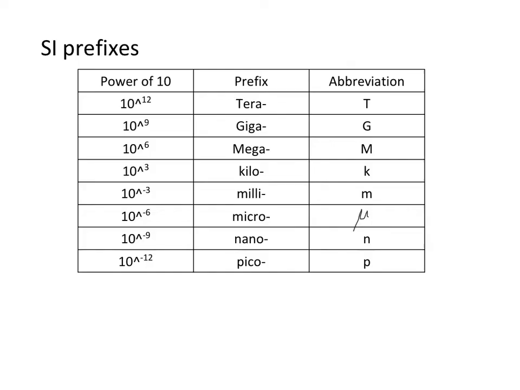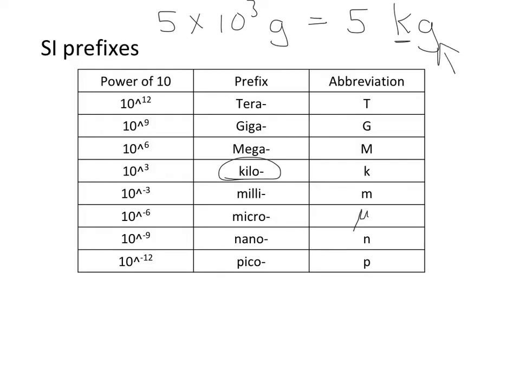For example, if I have 5 times 10 to the 3 grams, I could rewrite that as 5 kilograms, where the K is the prefix, which stands for kilo, which is 10 to the third. So the K is the prefix and the G is the basic unit, which stands for grams. So 5 times 10 to the 3 grams is the same thing as 5 kilograms.